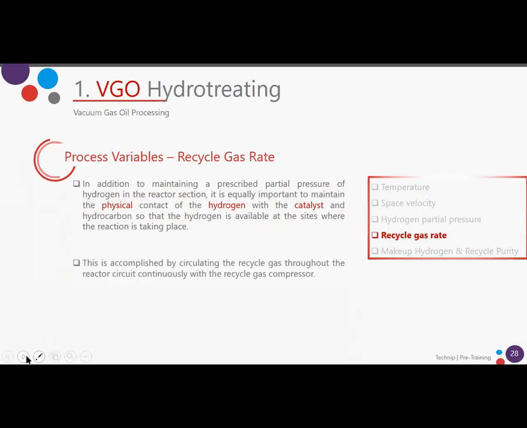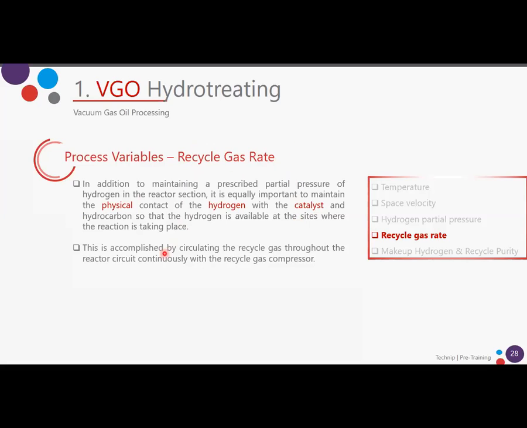So you have to ensure to have a good recycle. This is accomplished by circulating the recycled gas throughout the reactor circuit continuously with the recycled gas compressor that we have seen in the process description, and we will see it now if you want in the PFD.